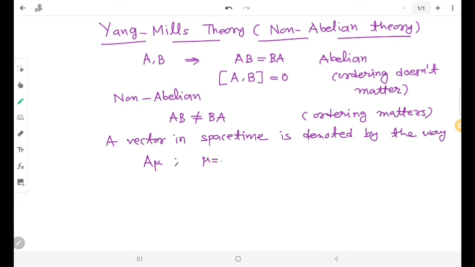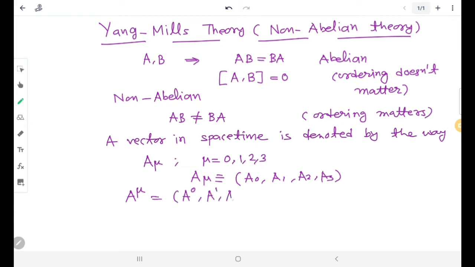So mu equal to 0, 1, 2 and 3. That means we can have A mu equal to A0, A1, A2 and A3. These are the components for a space-time vector, and this is called your contravariant vector, and this has the components once again like this, A0, A1, A2 and A3.